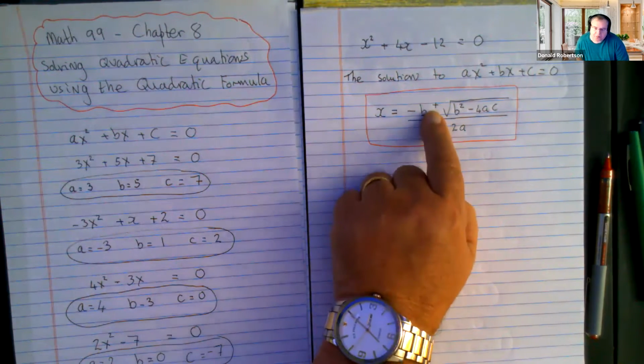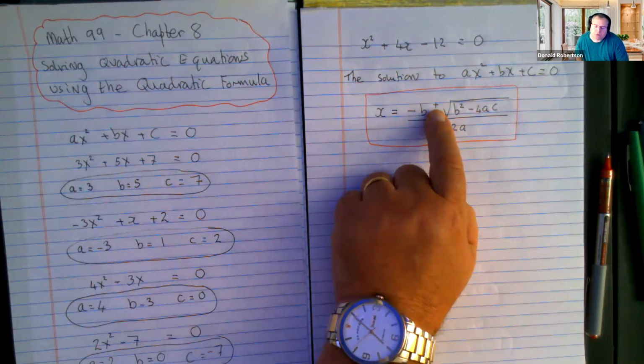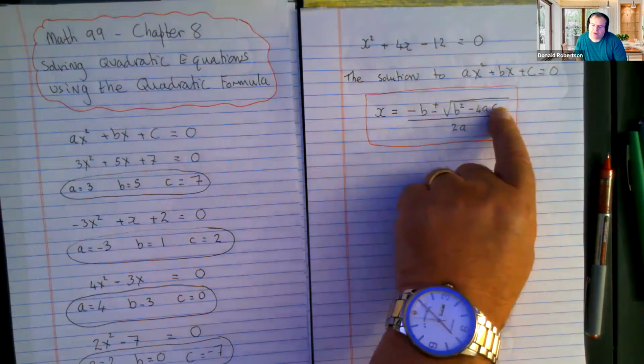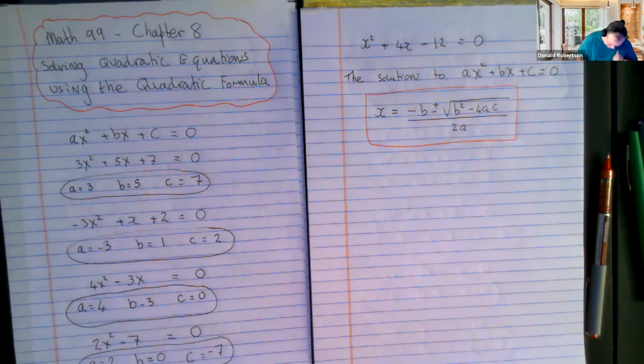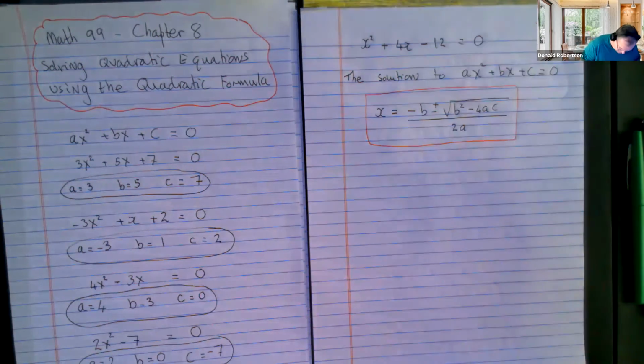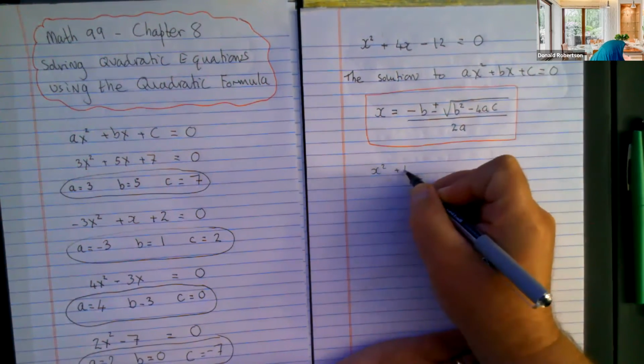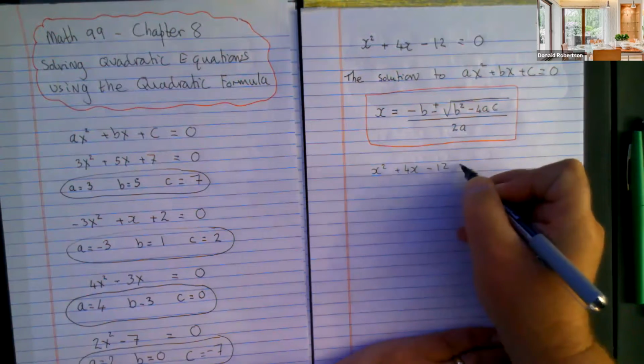So this is essentially the guy we're going to be using in this section, the quadratic formula. This plus minus part next to the square root is what's typically going to generate two solutions. The only time you'll get one solution would be when this entire thing under the root is 0. Now, let's take this example here. So I want to solve this.